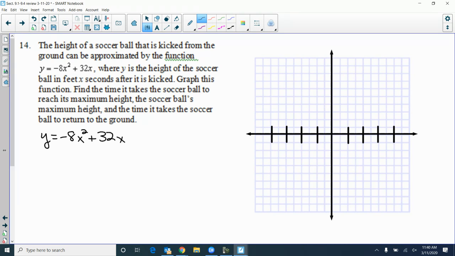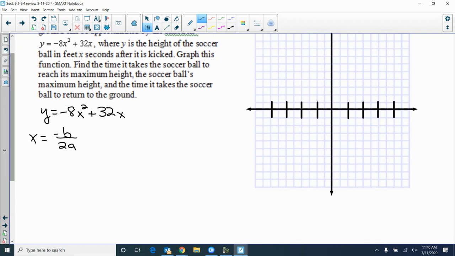Just like we did in the earlier ones, we have to use x equals negative b over 2a. All right, take a second. Figure out what your vertex is. Or figure out what the x is, plug that in, and figure out the y. I'll do it here in a second, but see what you come up with.